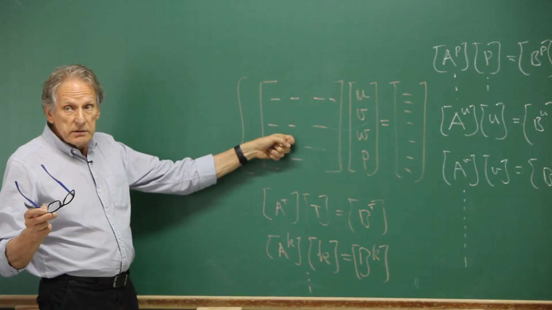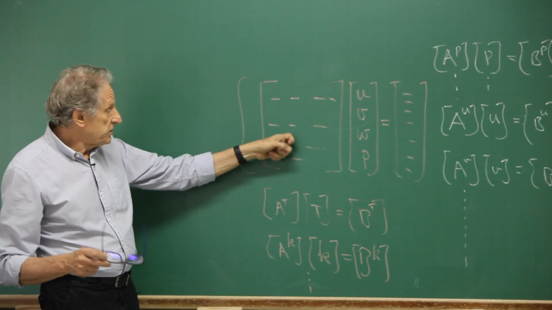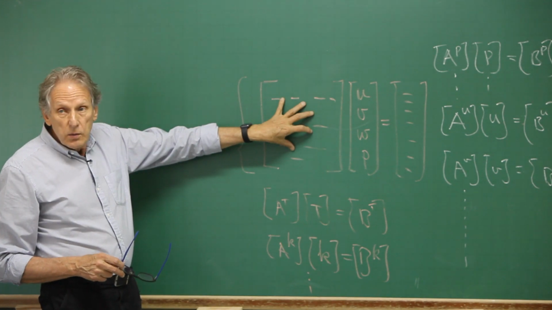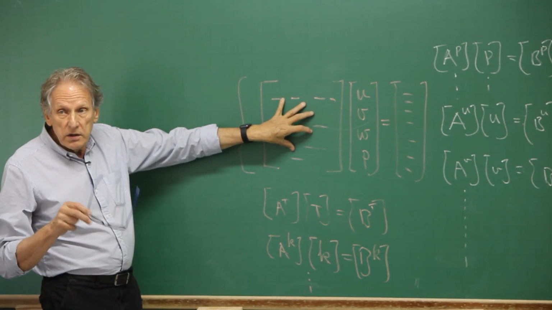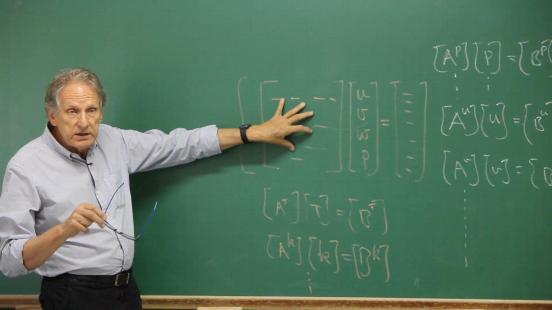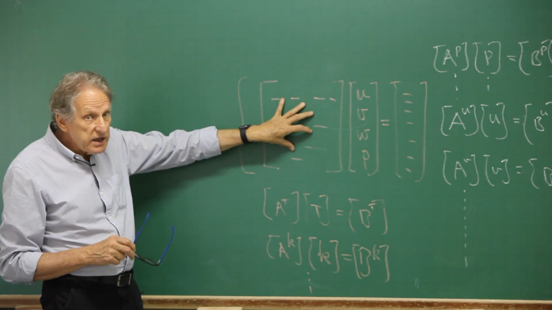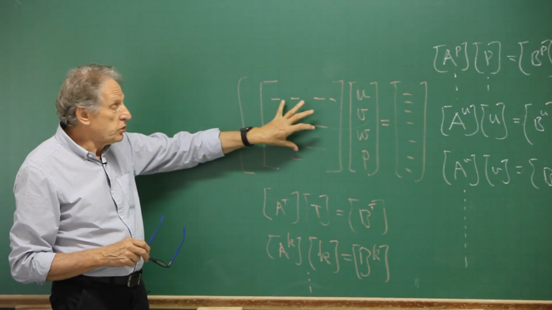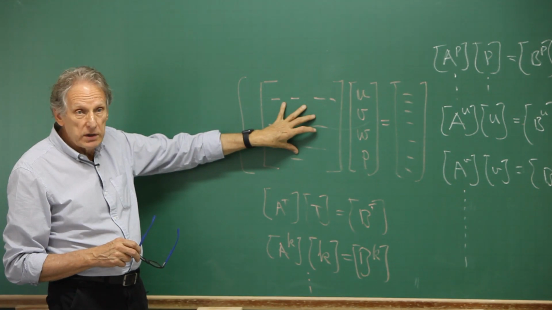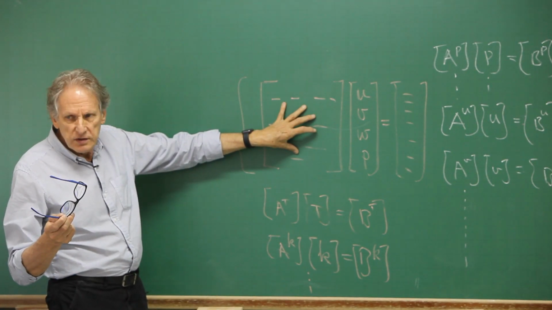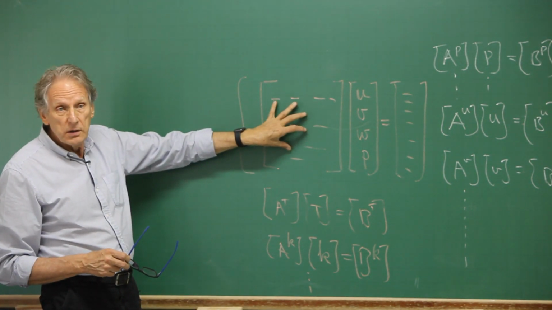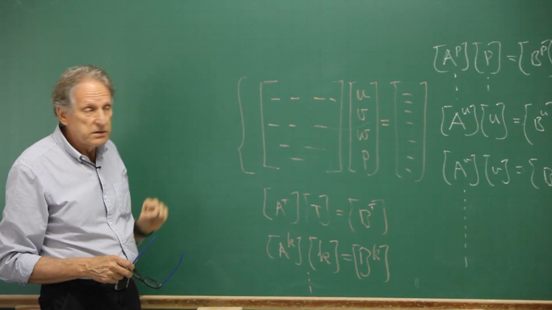Here you still need to iterate because this matrix will depend on the other variables, nonlinearities, and the coupling is taken into account when you solve it simultaneously, U, V, W, and P. But nonlinearities still have to be handled with iteration on this matrix.